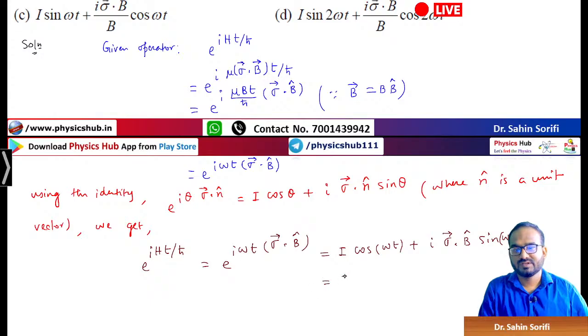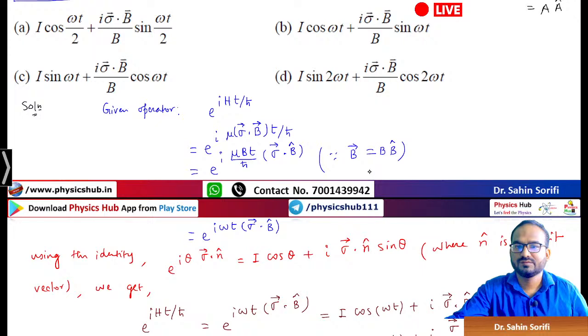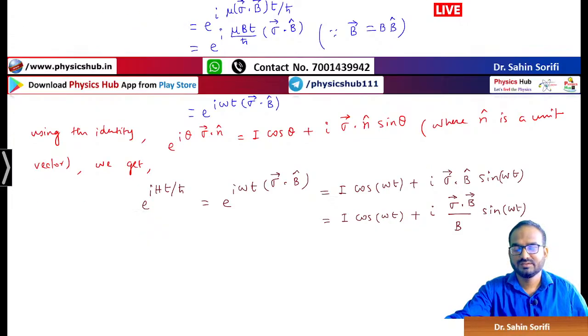If I look at the options, it is given in the vector B. So if you want vector B from B cap, you need to multiply by the magnitude of B. We have multiplied the magnitude in the numerator, so we have to compensate by multiplying magnitude B in the denominator, and you get it like this.